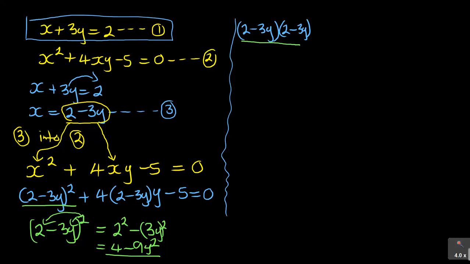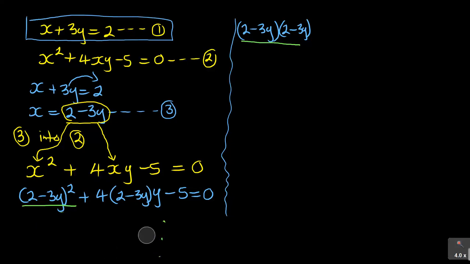Remember, this is an expansion method. Don't take it for granted, and don't do this. This is not correct. You need to expand, doing the normal expansion that you're used to, whereby you have 2 times that. Let me use a different pen.